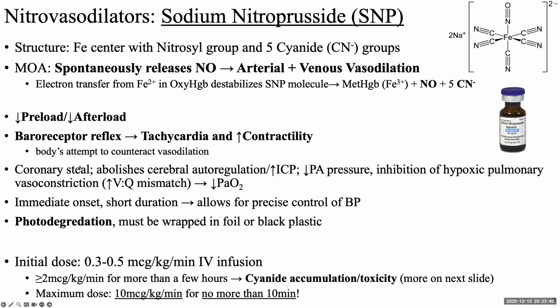There are concerns that we may see some coronary steal. It could also abolish cerebral autoregulation, so again, we might see increases in ICP. Decrease in pulmonary artery pressure, and inhibition of hypoxic pulmonary vasoconstriction, which could actually increase your VQ mismatch, right? And that could lead to an overall decrease in your PaO2, or your arterial oxygen pressure.